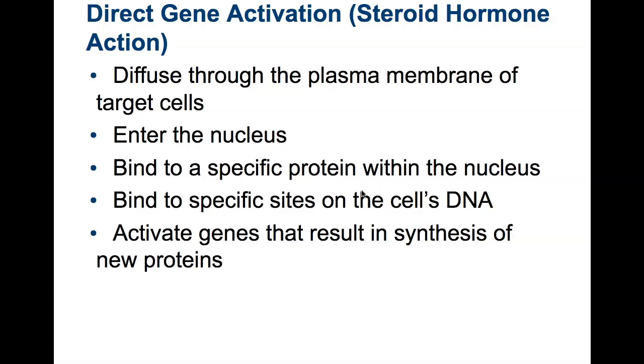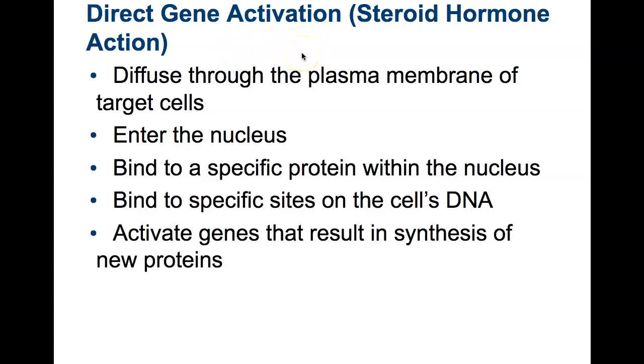In other words, it's going to tell that hormone receptor to go find wherever the gene it wants to make starts. And once it's there, it's going to kind of wave down that RNA polymerase, that other little enzyme that's going to come along and make the mRNA that we need. And that's how it directly activates.